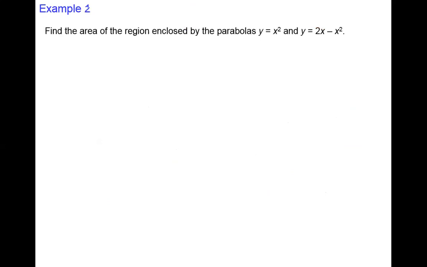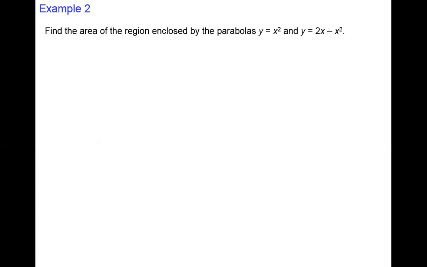We have two curves, but it looks like something is missing. The bounds on the left and right-hand side, correct? The a and the b values. Thank you, Taran.